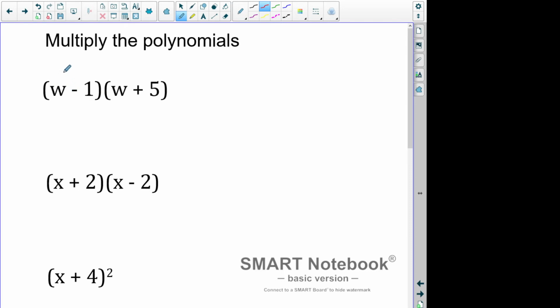So if I multiply these together, the w times the w gives me w squared. If I multiply w times 5, that gives me 5w. So I've multiplied w times these two things, and now I just need to multiply negative 1. So negative 1 times w gives me negative w, and negative 1 times 5 gives me negative 5. And I combine like terms, I get w squared plus 4w minus 5.